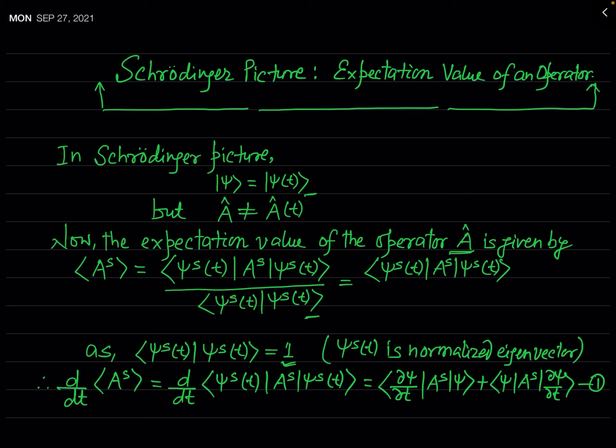Now, our aim is to find the time derivative of this expectation value of the operator a hat. So, let us operate the operator d dt on this expectation value. So, d dt of the expectation value will be what? As you can see, in case of the Schrodinger picture, this operator a hat is not a function of t.